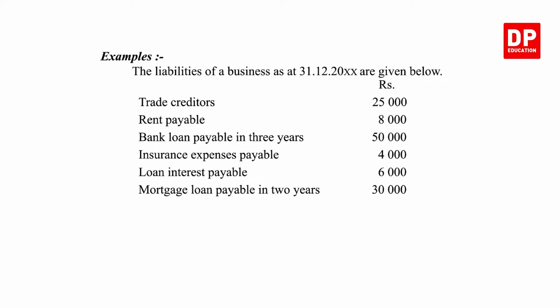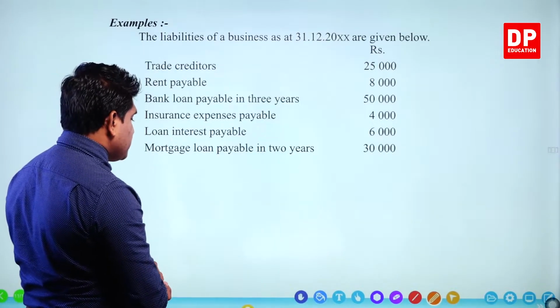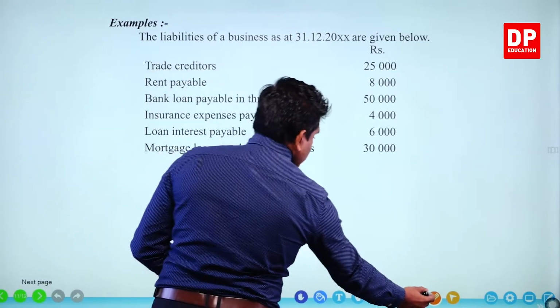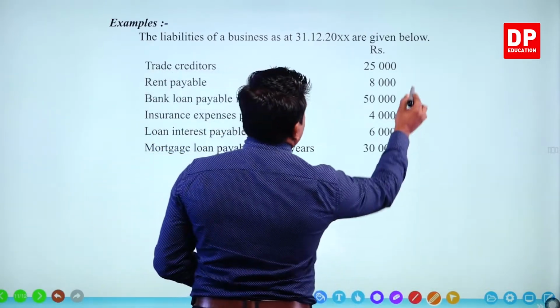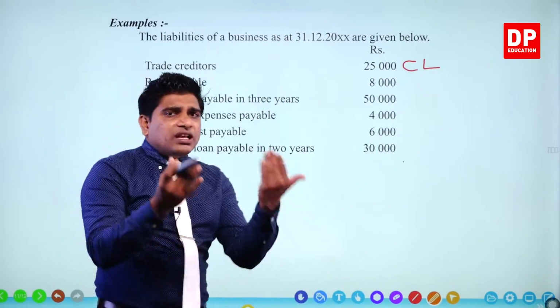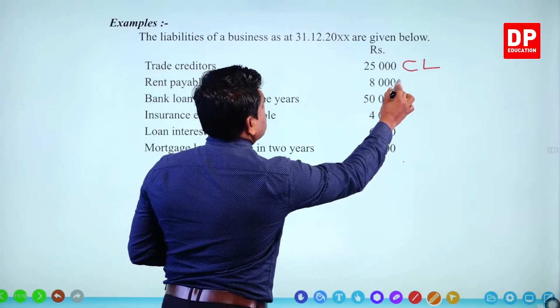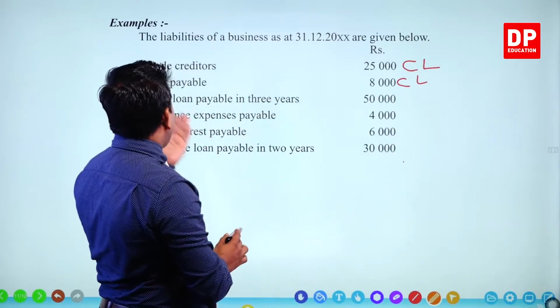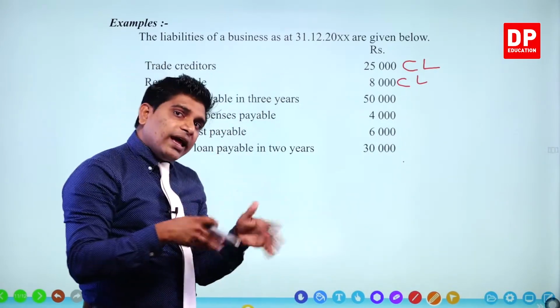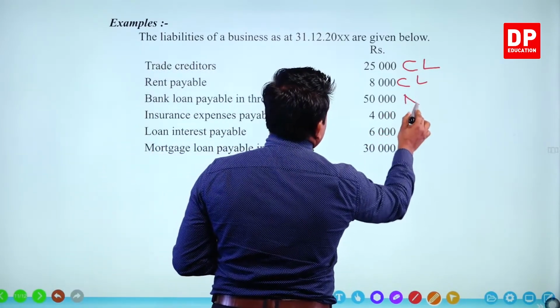Now, there's another activity. The liabilities of a business as at 31st December 2020 are given below. Trade creditors, creditors: current liability or non-current liability? Current liability, right? Rent payable: receivable is a current asset, any payable thing is a current liability. Bank loan payable in 3 years, more than 1 year, then non-current liability.